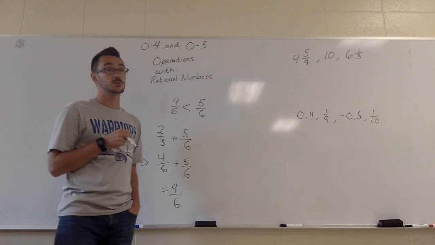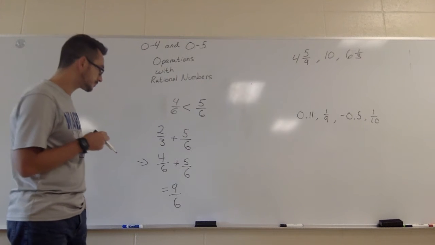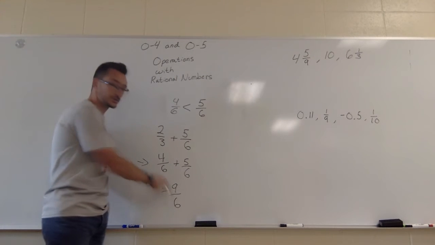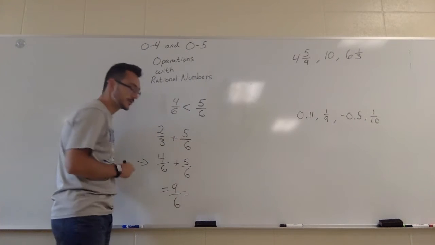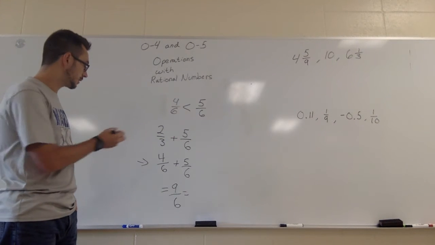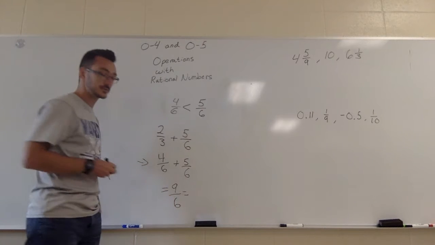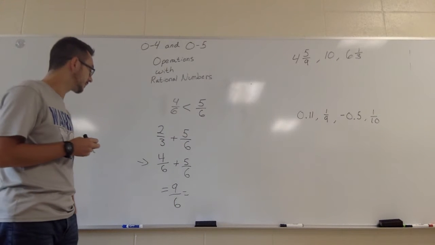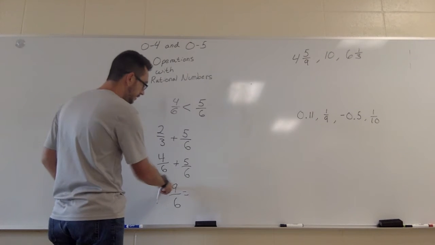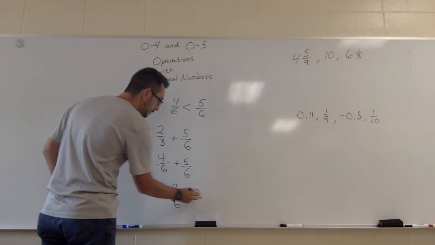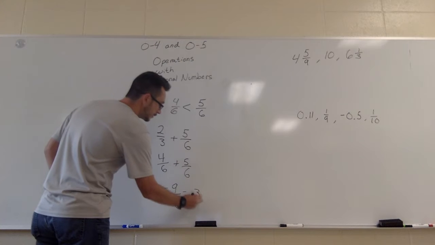Now that can reduce. So you would think about what you could take out of both of those, or what you could divide out of both of those. I can look at 9 and 6 and see that I would be able to divide out a 3 from both of those. So if I take 9 divided by 3, I have 3. 6 divided by 3 would be 2.